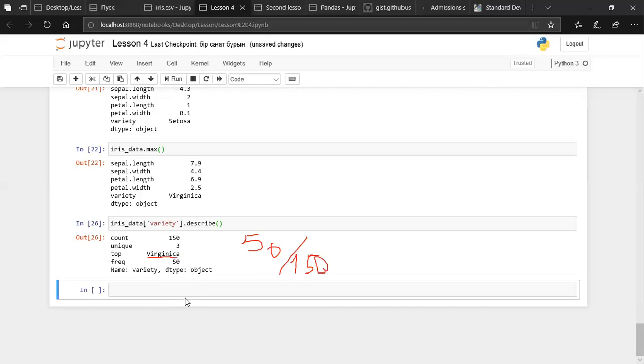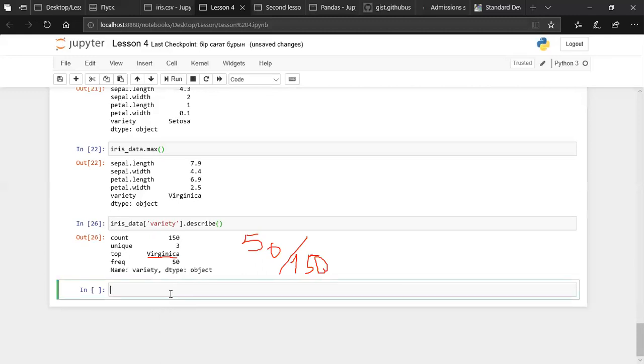And unique is the number of species that are only one in the list. So can you say iris data variety unique? Yep.